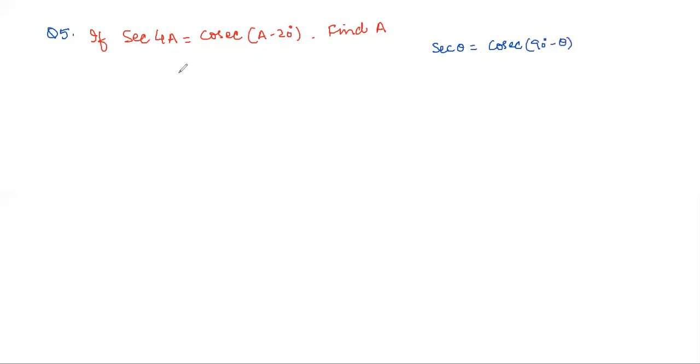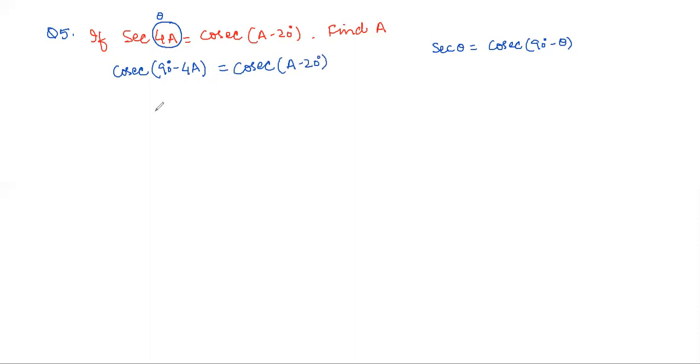So applying the same here on left hand side, if I am reading this as theta, this will become sec theta. Sec theta is equal to cosec 90 minus theta. So let's write down cosec 90 minus theta, and theta I've assumed to 4a, so I'll write 4a here, and this side I will copy down as it is, cosec a minus 20.